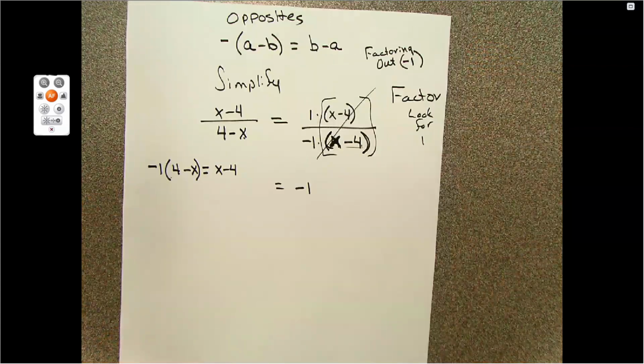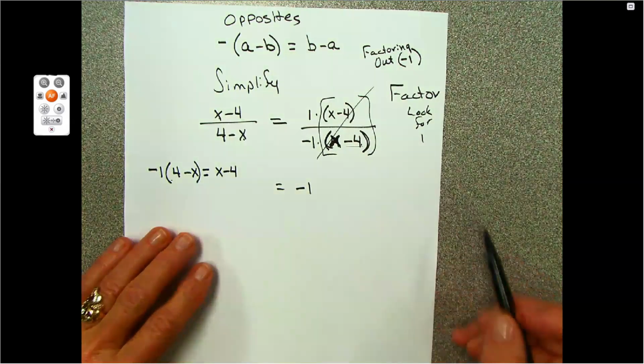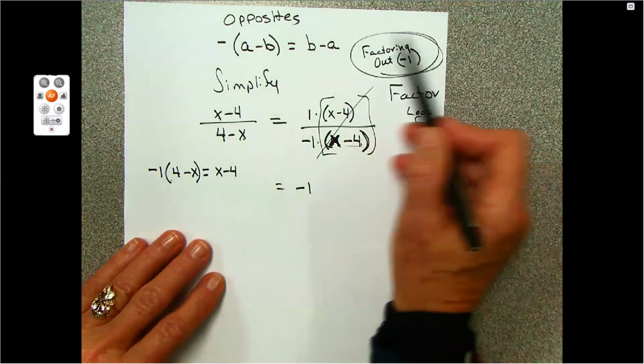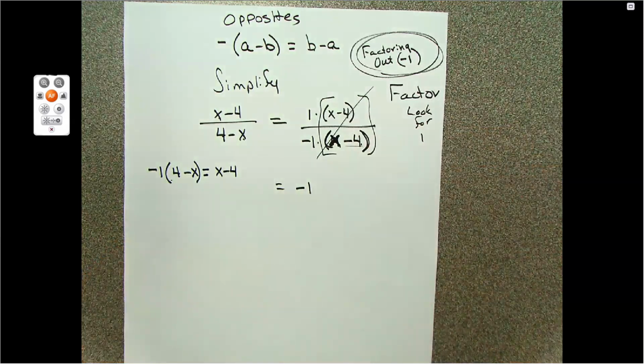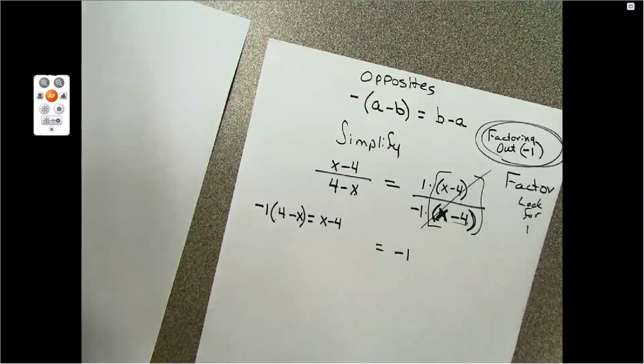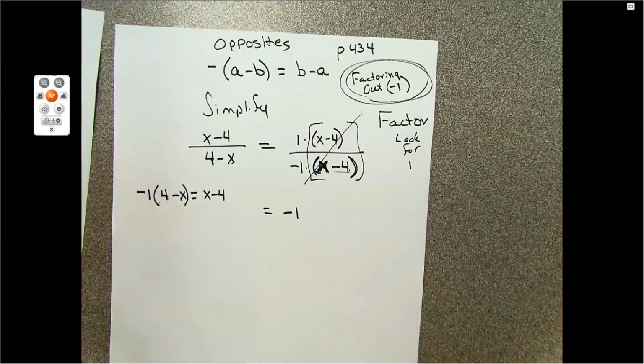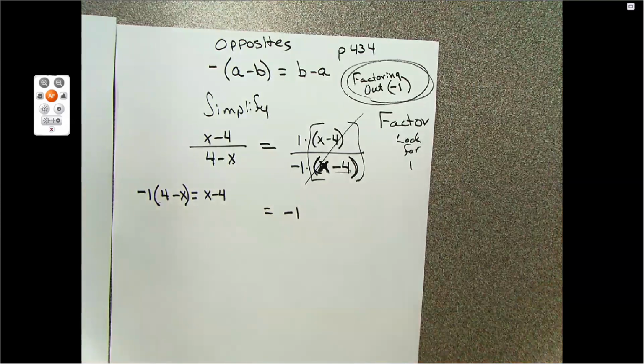And especially when you see the terms x and a 4 and a 4 and an x, it's kind of a clue. Look for that strategy of factoring out a negative 1. That's on page 434. There's a couple of other examples of factoring out a negative 1.